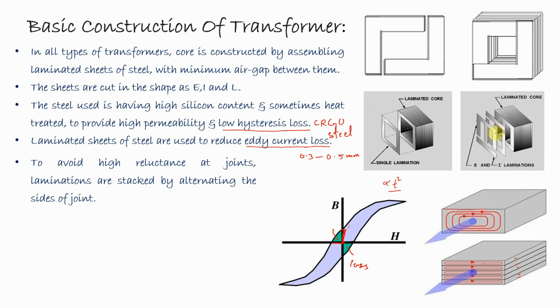Just beyond this sheet, there is another sheet where the I-shaped sheet is on the upper side and the E-shaped sheet on the lower side. In this way, an alternating structure is made so that the reluctance is minimum, because if the reluctance is very high, then the permeability will be reduced as well as the flux generation. So there will be a loss in magnetic field.